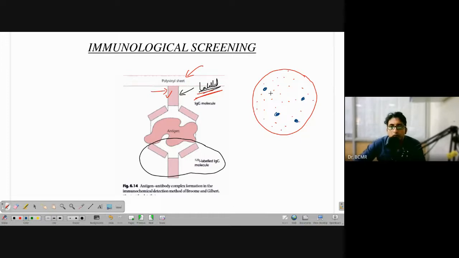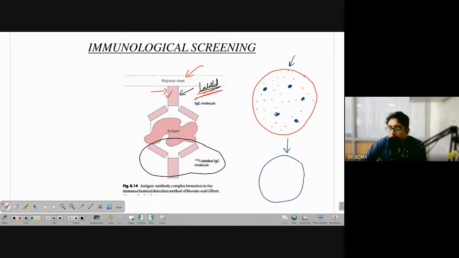So I gave you a polyvinyl sheet which is having labeled antibodies, the red spots here, and I said that these are the locations where antigen is bound. If I develop this sheet, what do you expect of the signals? Where all do you expect signals?